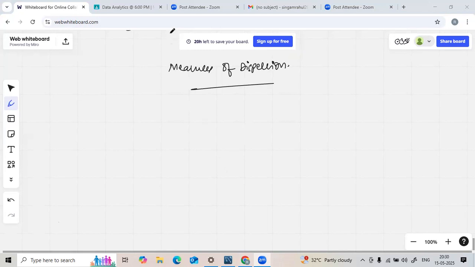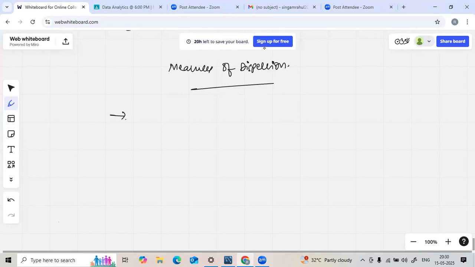See, when you're working with measures of dispersion, first thing first, what we need to understand here is how much the data has been dispersed, how much the data is being deviated. These are the things you'll be considering while working with measures of dispersion.